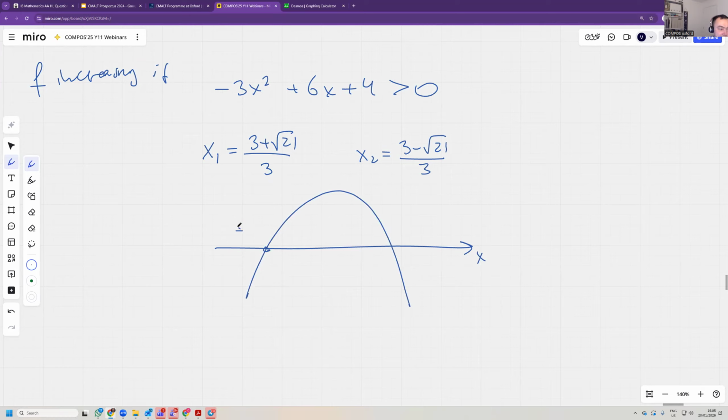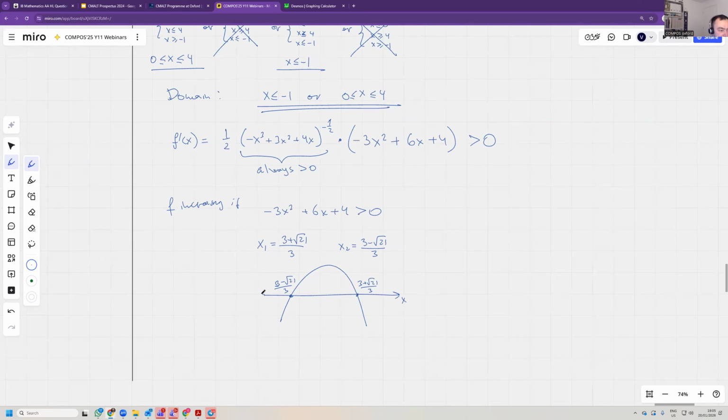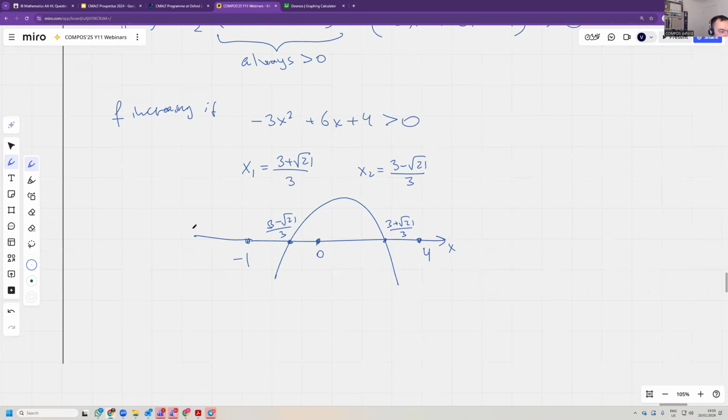So it's 3 minus root 21 over 3, and this is 3 plus root 21 over 3. That is about negative 0.5. And so that's 0. This is negative 1. And this is 2. The 4 is here. So the function only exists here and here.